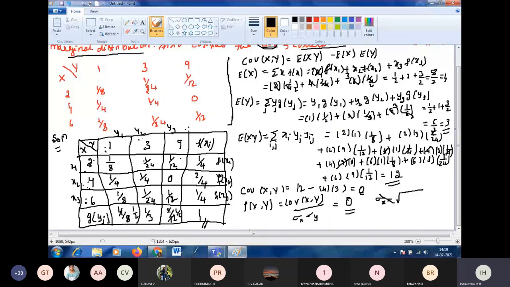Sigma x is square root of V of X, the variance of capital X. How to find variance of capital X? Expectation of x square minus mu square, that is expectation of x whole square. Correct? So here, anyhow covariance is 0, so 0 by sigma x sigma y is 0 only. Okay.